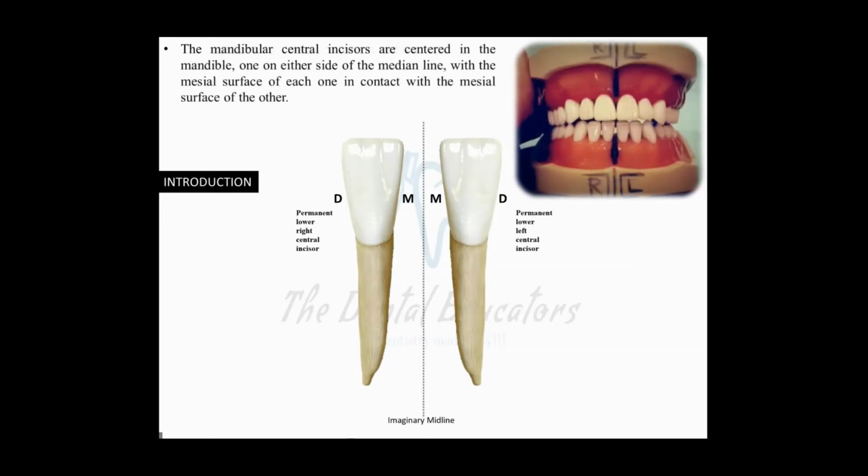Now if we talk about the description or the location of the permanent mandibular central incisors, we can see that the mandibular central incisors are centered in the mandible on either side of the midline.